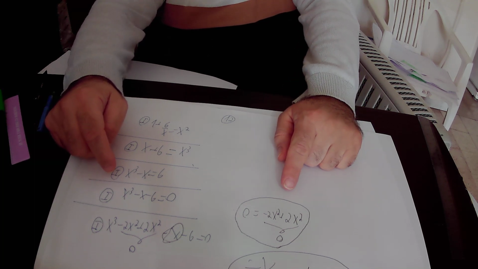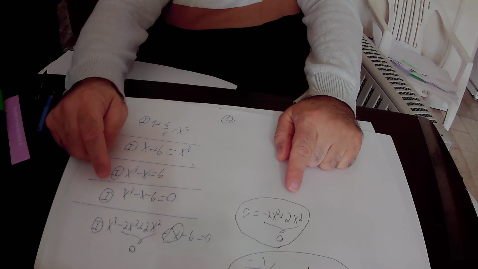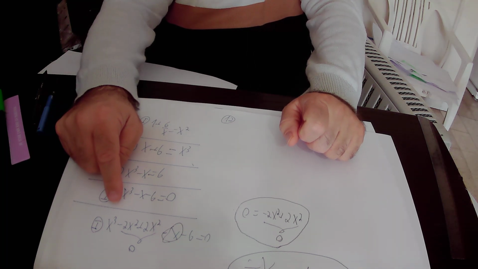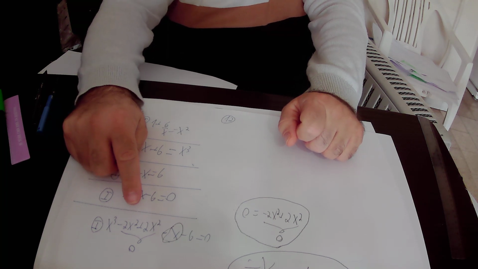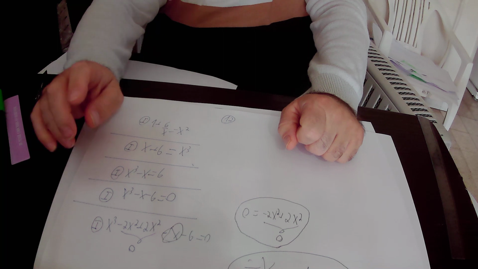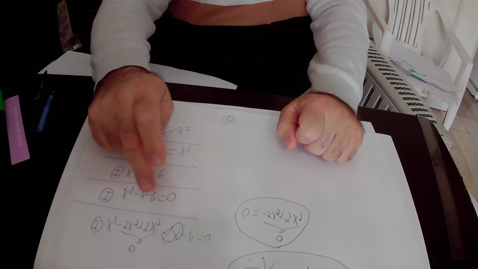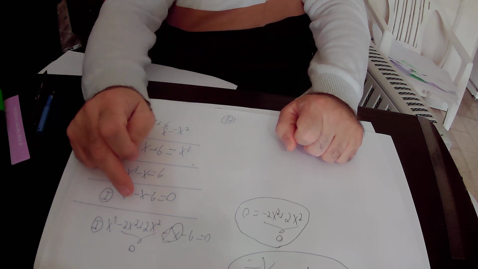0, it is actually minus 2x squared plus 2x squared is 0, so we actually added 0 to equation number 1. So we got that x cubed minus 2x squared plus 2x squared, that is 0, minus x minus 6 equals 0. Okay, we added this expression that equals 0 to equation number 1.